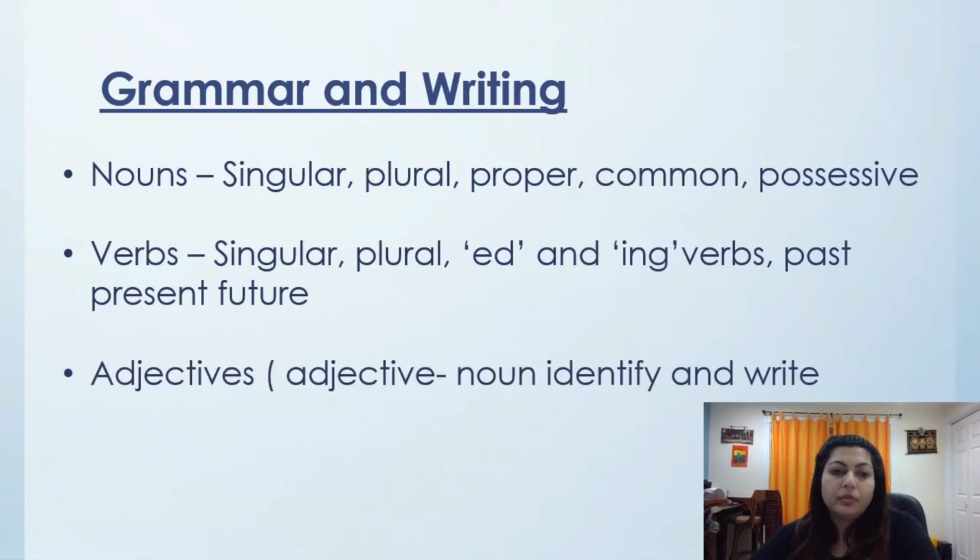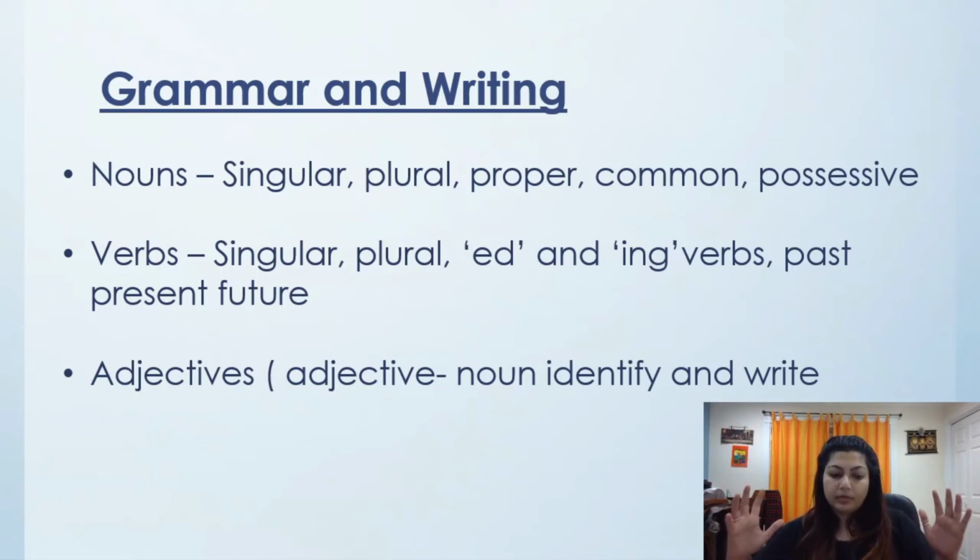Adjectives. The main thing is, what is an adjective? You have to explain, because this is the first time they are learning about adjectives. They don't have to identify the noun that the adjective is describing at this point. All they have to do is sort them out.